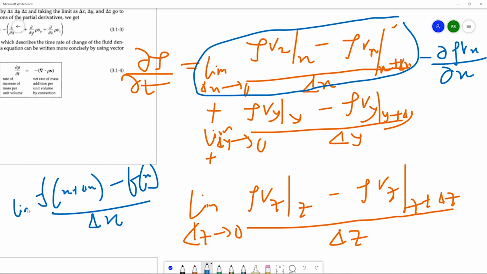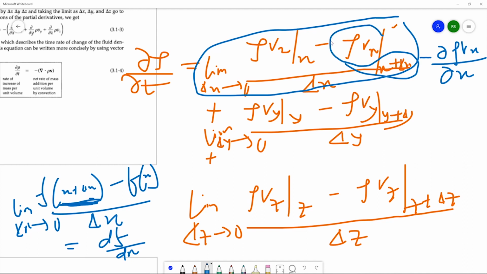If the limit delta x tends to 0, then we have df/dx, right? See, this x plus delta x term is in the front, but here the x plus delta x term is at the back. So if you rearrange this, the minus will come.